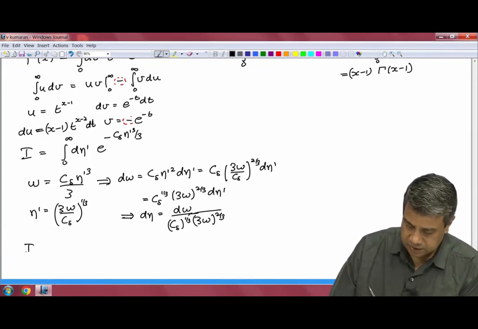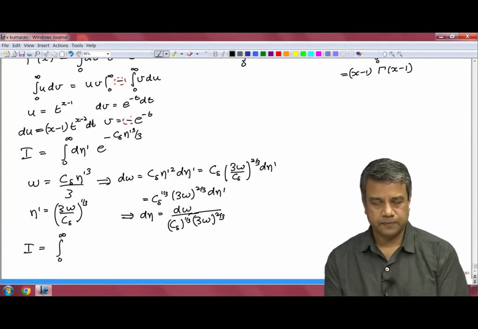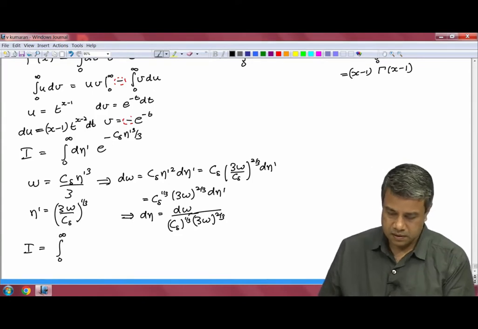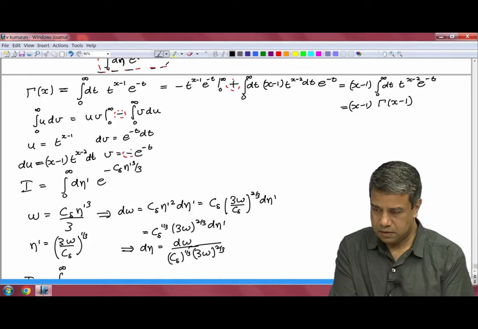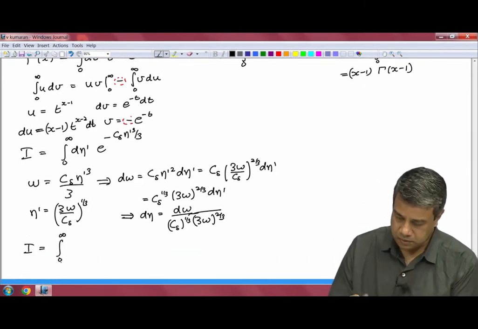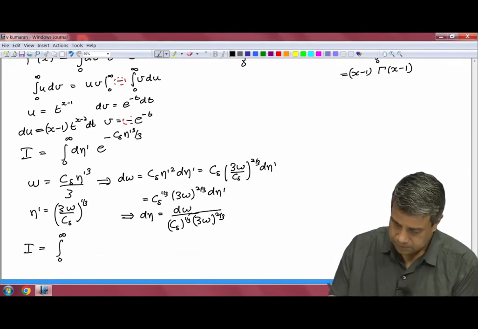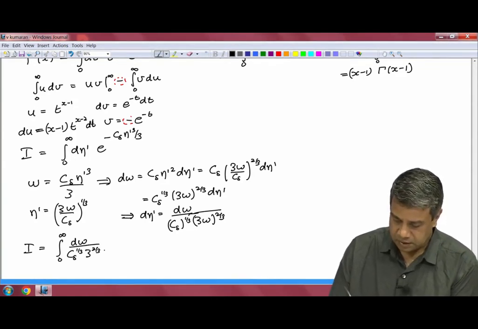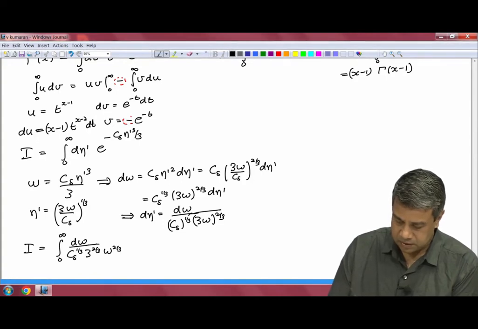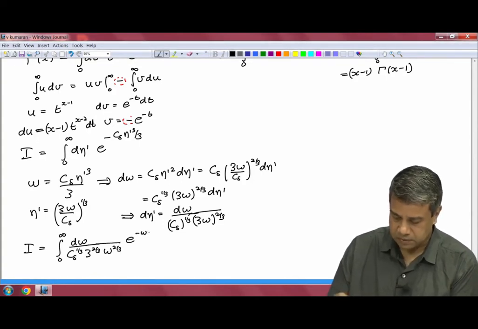Therefore, this integral I can be expressed as the integral 0 to infinity of dw by c delta power 1/3, 3 power 2 by 3, into w power minus 2/3 into e power minus w.